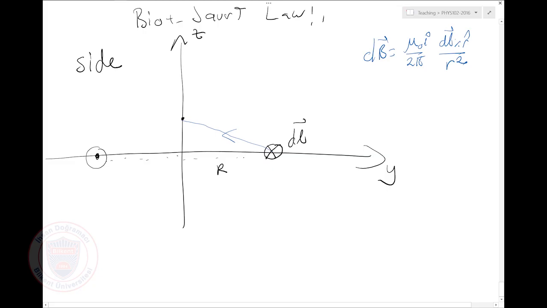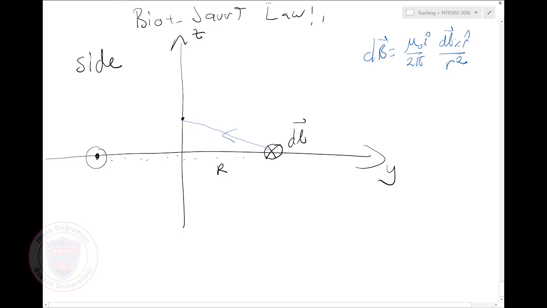Should I do it again? Yes. Which way is dl? Remember, this is a side cut. dl on the right hand side is into the board. So dl cross r. R is the vector, the blue vector here. dl is into the board. I have the freedom to rotate my palm, but I am rotating it along the second vector.